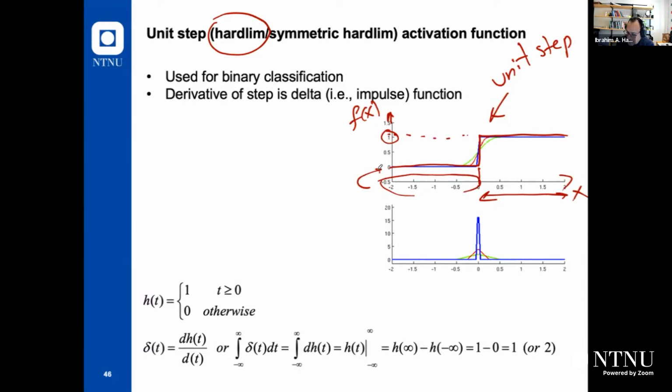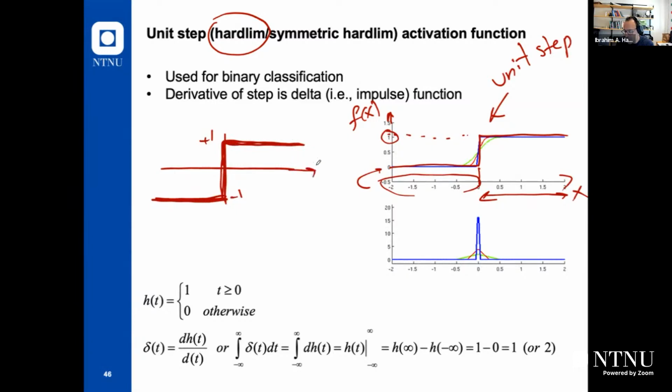The symmetric one will convert numbers between -1 and +1. So it will be like this one, +1, and also -1. This is the function, right?